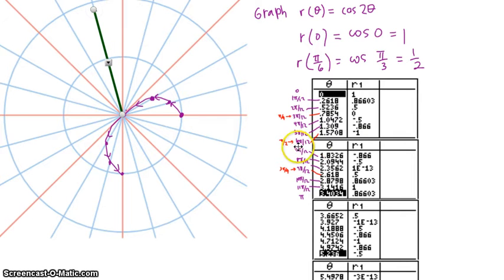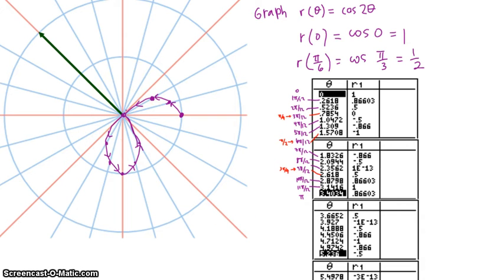The next one here looks like it's going to be negative 0.866, right? The next one is going to be negative 0.5. The next one at 3 pi over 4 is going to be back to 0. So now I have this little, what we call a petal, and it should be smooth, right?